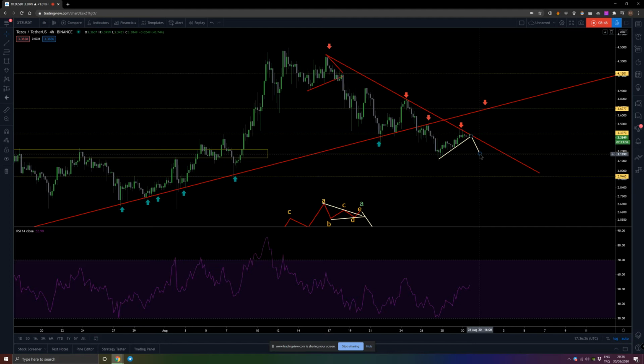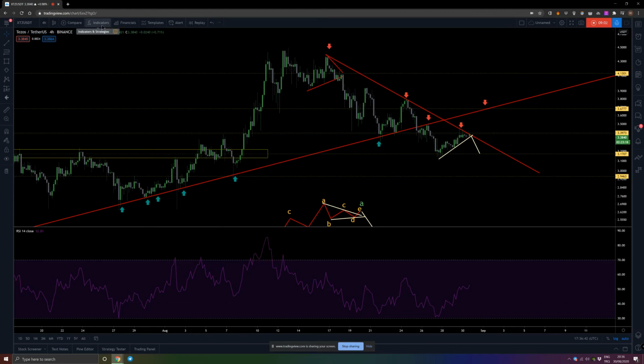But if you're trading the trend, then this level or this level can be thought of for selling. And if you're a counter trend trader, then you can try a buy here or here with RSI helping you as well.